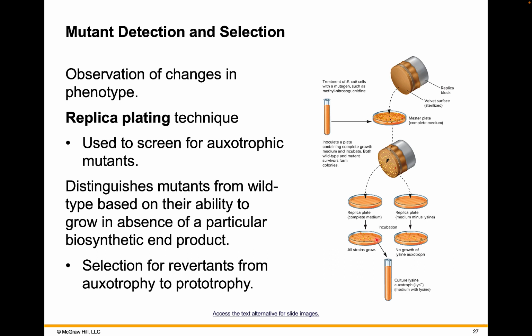So we may take this colony from the complete media, where all the strains are growing, culture it, and do the next round of experiment to grow it in complete media and without lysine. If that isolate doesn't grow without lysine, you have isolated a lysine auxotroph. So these are some of the things, and sometimes the addition of mutagens can revert an auxotroph to prototrophy as well.